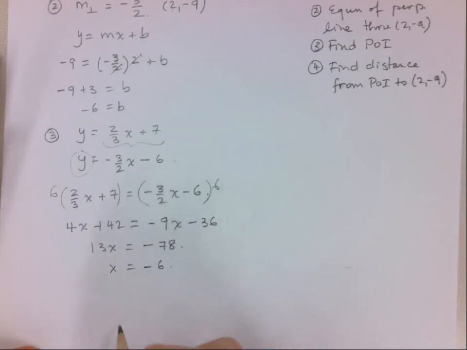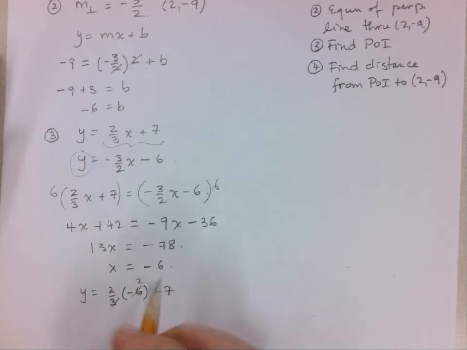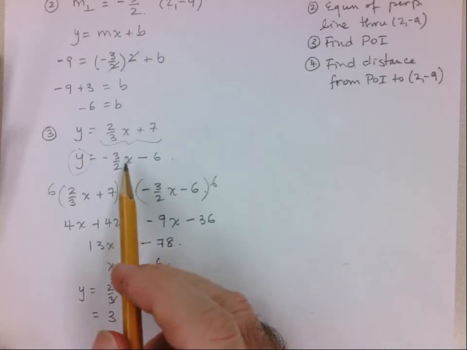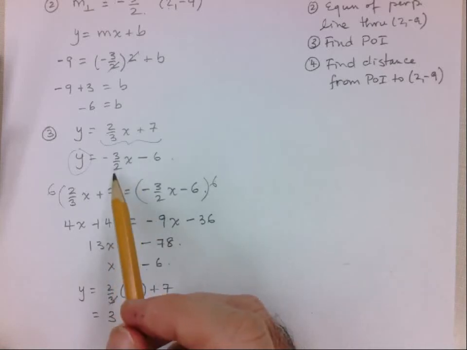Now that we have our x value, we can input it into one of the equations to find our y value. I'll pick the first one. So y is equal to 2/3 times negative 6 plus 7. That reduces to negative 4, plus 7 is equal to 3. If you have time, you can always check by plugging the negative 6 into the other equation and making sure you get 3.